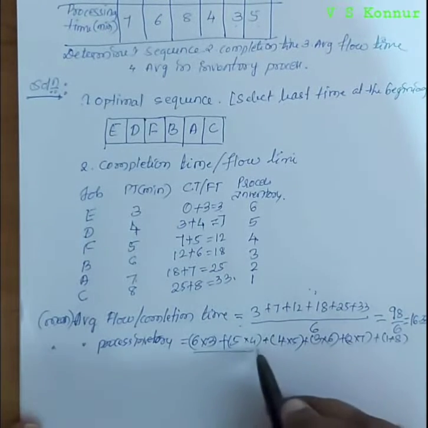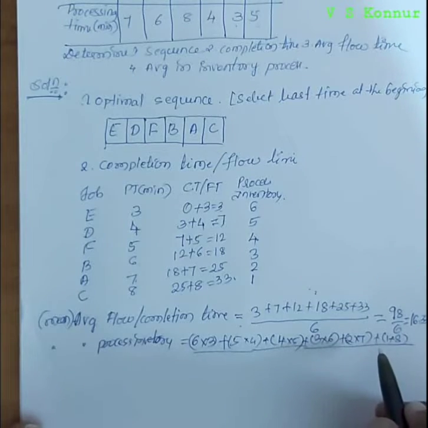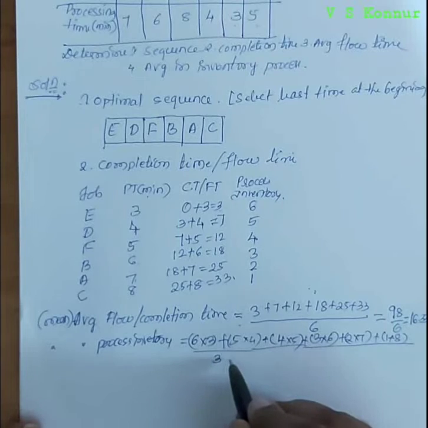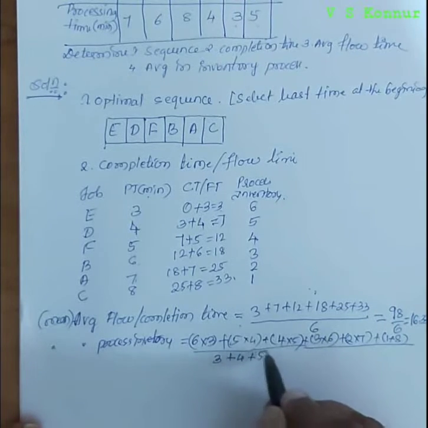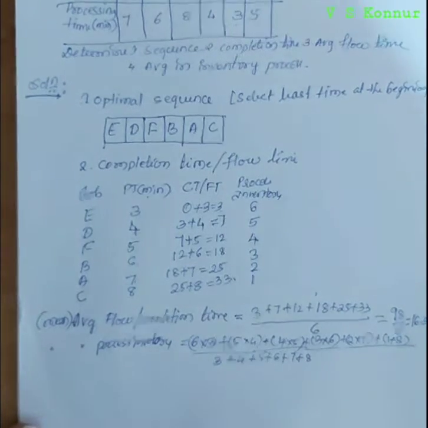So this is divided by the summation of process time. Process time is 3 plus 4 plus 5 plus 6 plus 7 plus 8. This is called the processing time.